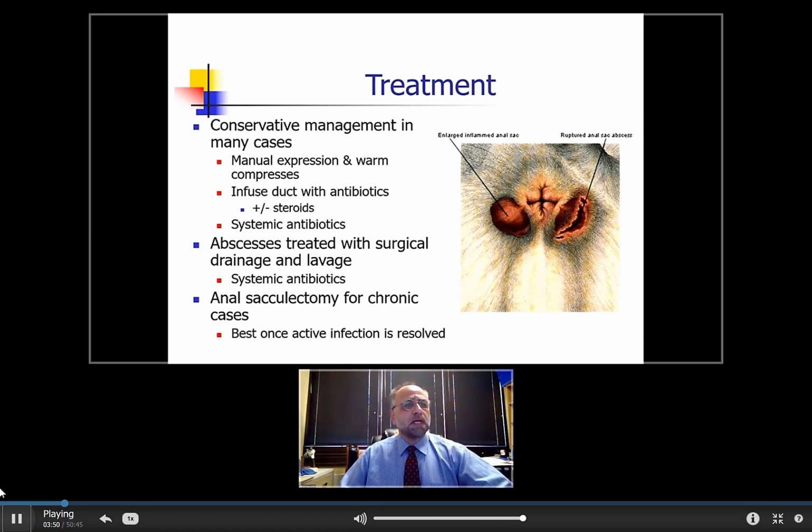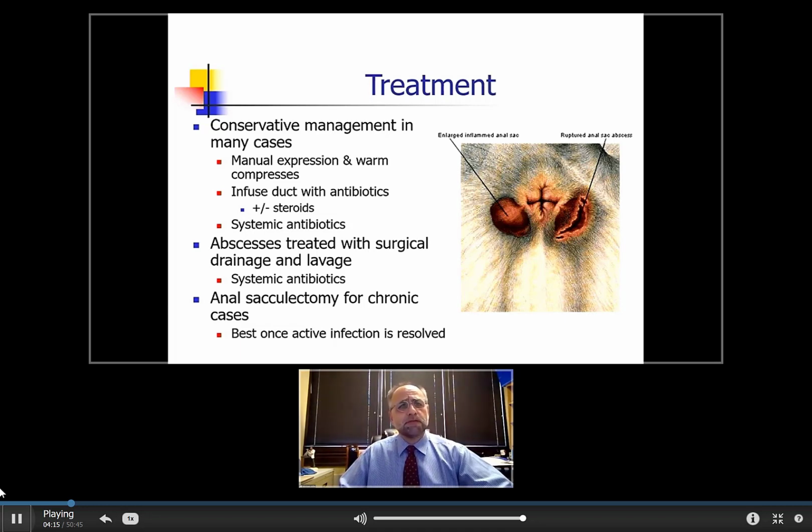We'll do manual expression to empty the glands, maybe do some warm compresses to relieve some of the inflammation. Oftentimes we'll infuse the duct with some antibiotics, maybe have some steroids in it, depending on what your preference is as far as treating these. Systemic antibiotics are certainly indicated when we are worried about an infection being present as well.